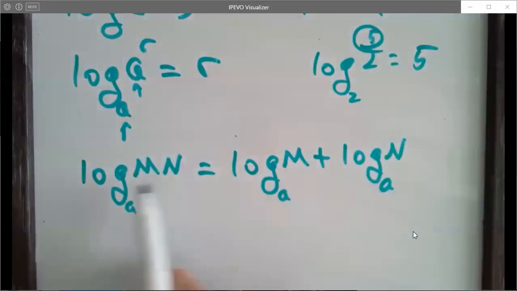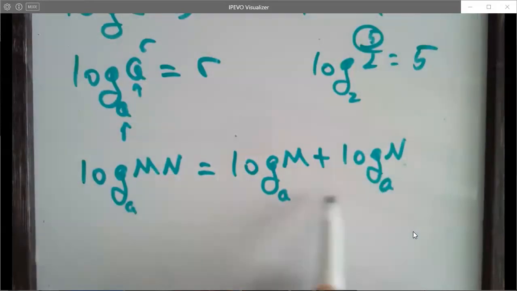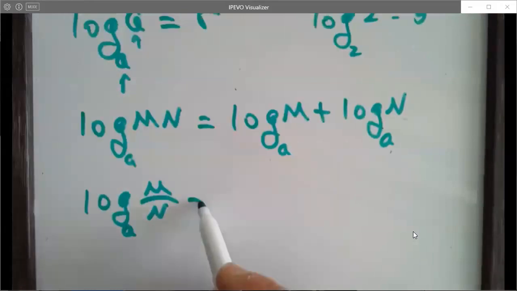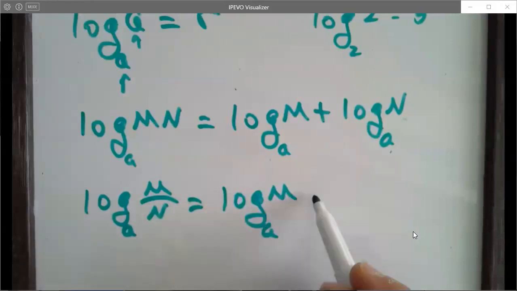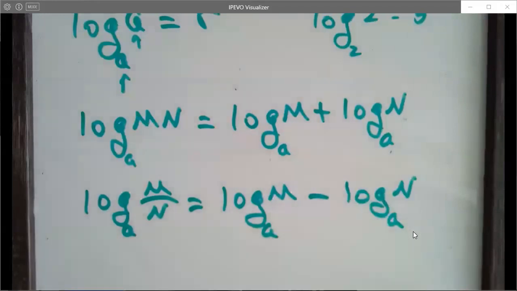So when they're multiplying, you expand it out, you're adding it, and the bases stay the same. Log of m over n base a is log m base a minus log n base a. If they're dividing, whatever's in the denominator, you subtract it.